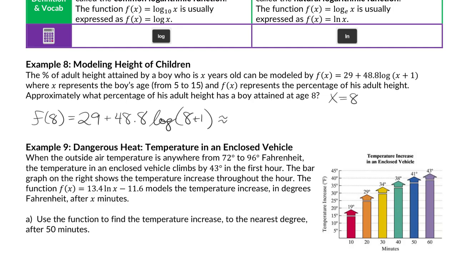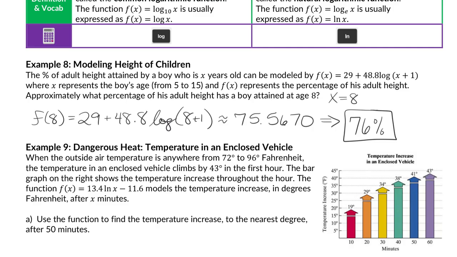We should get approximately 75.5670, yes? Which means, answering this question, we're going to round to the nearest percentage here. So 76%. So when a boy is 8 years old, he's at 3/4 of how tall he's going to get for the rest of his life, generally. But we found the log button, yes?